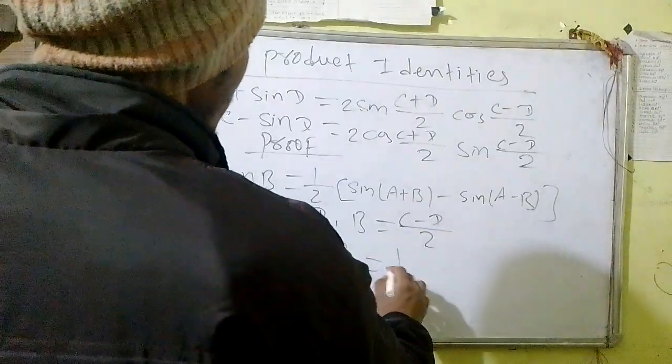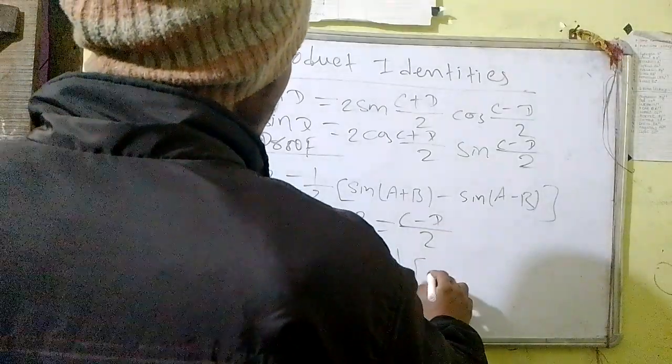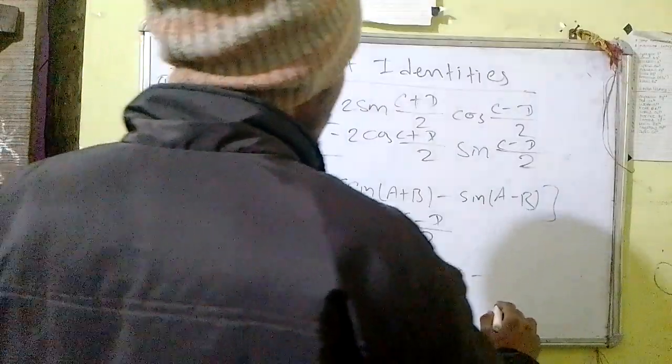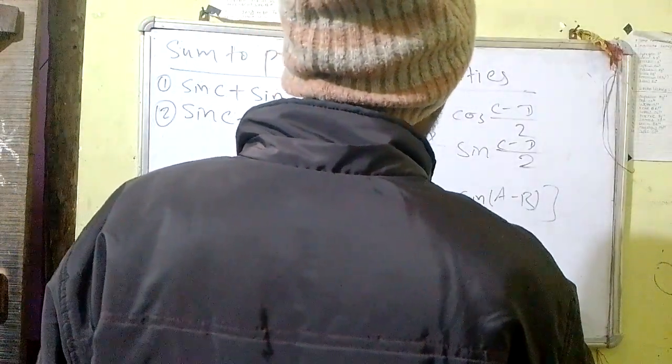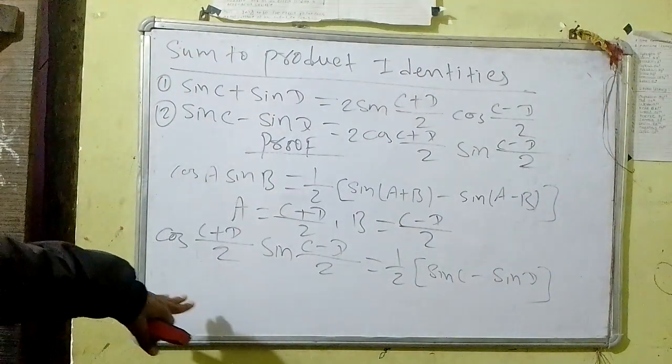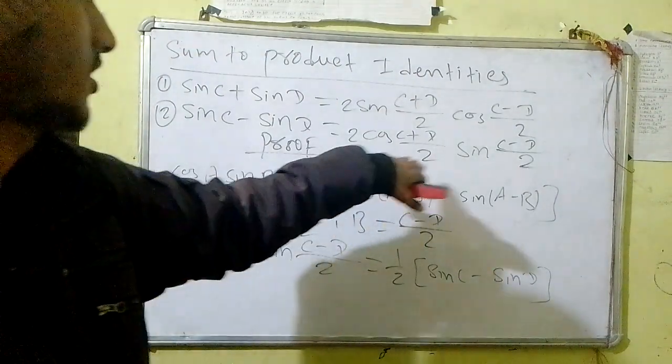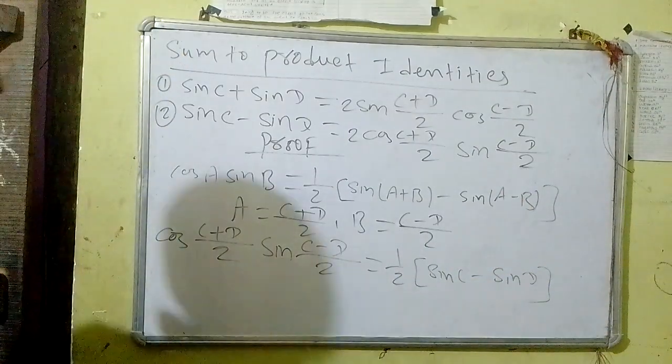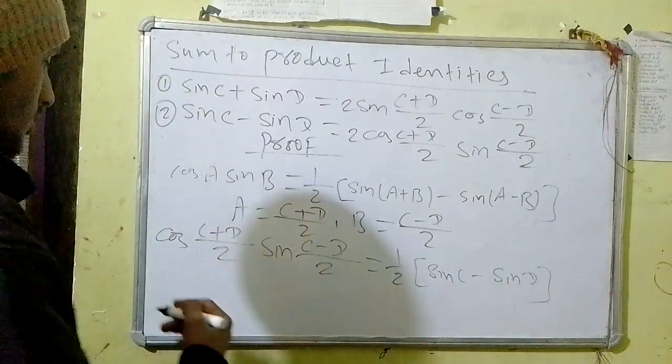This is equal to half times sine C minus sine D. As you can see, sine C minus sine D comes in the form of cosine and sine. This is the right approach; we headed in the right direction.